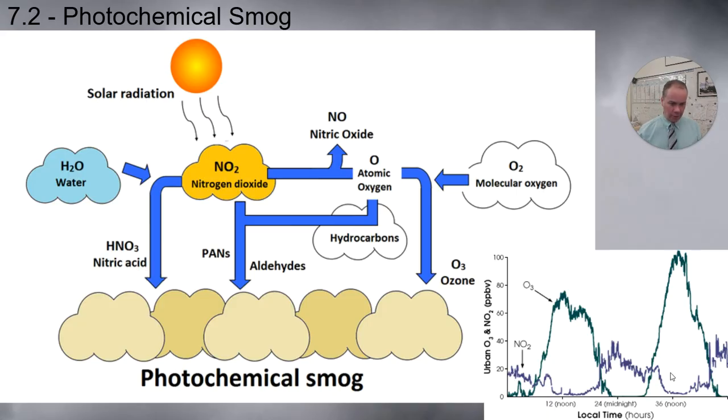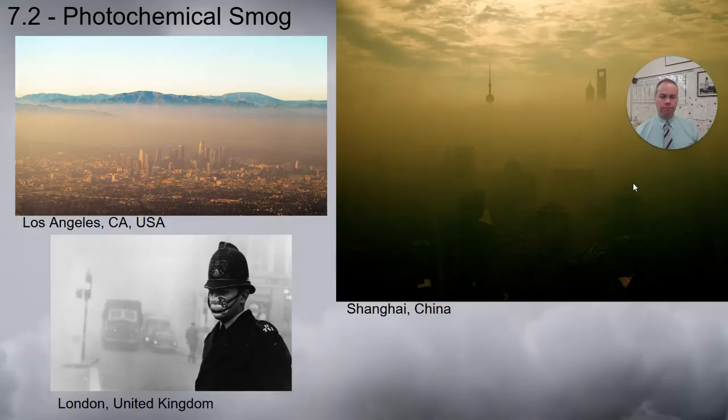This graph shows over time what we typically see in areas with urban photochemical smog. In the morning hours when there's a lot of commuting, there are high levels of nitrogen dioxide. As the sun comes out and it warms up, that gets converted through the process we just talked about into O3, ozone, and then we often see the decomposition later in the evening.